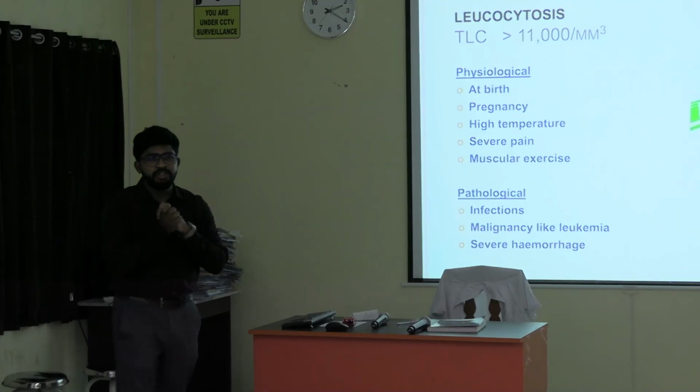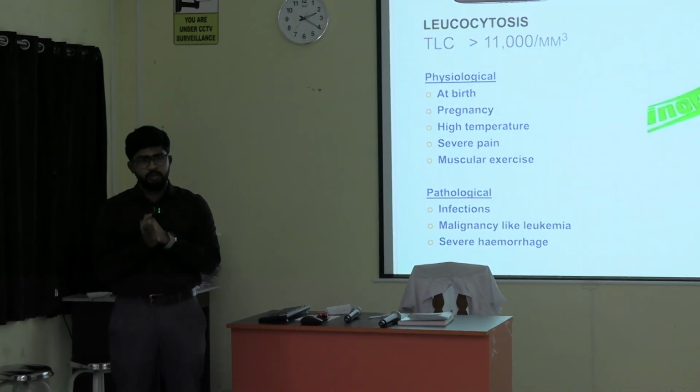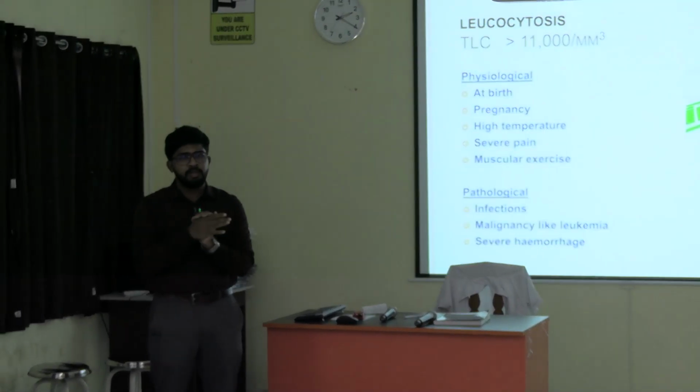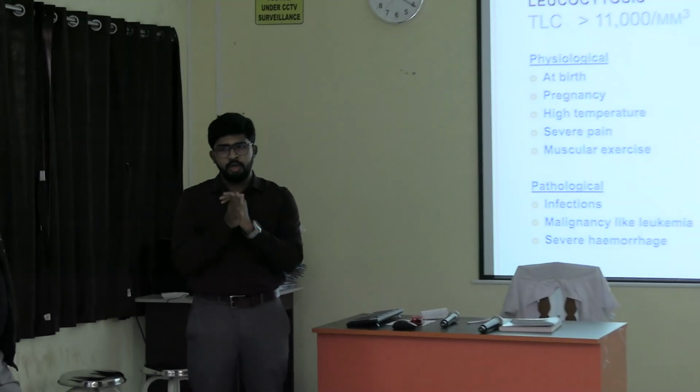Okay, in severe hemorrhage, there is loss of blood from our body. So the body tries to compensate for whatever has been lost. What will happen? There will be hyperactivity of our bone marrow to produce more RBCs. These are basically lost by severe hemorrhage, isn't it?